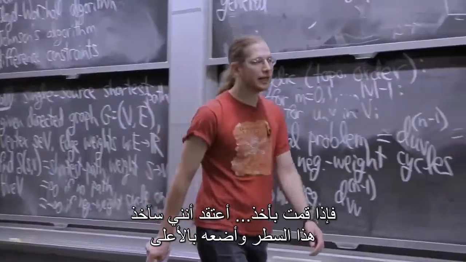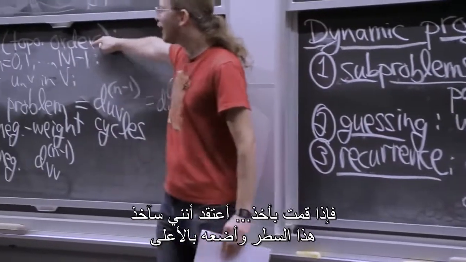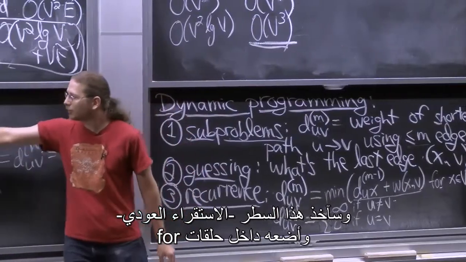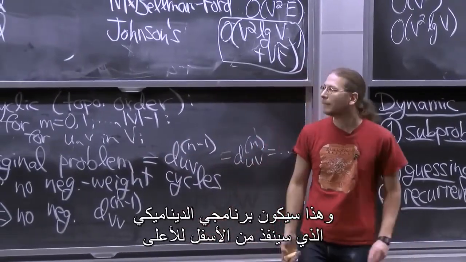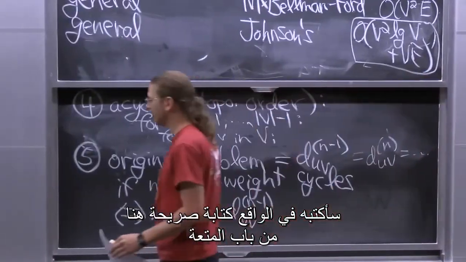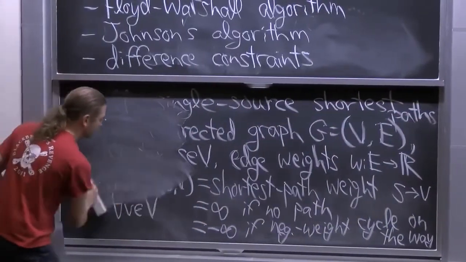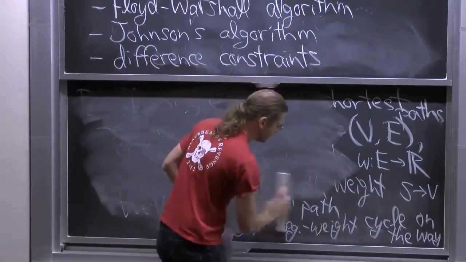And so if I take this line and put it on the top, and I take this line, the induction of the currents, put it inside the for loops, that is my bottom-up DP. Okay, I'm actually going to write it down explicitly here.